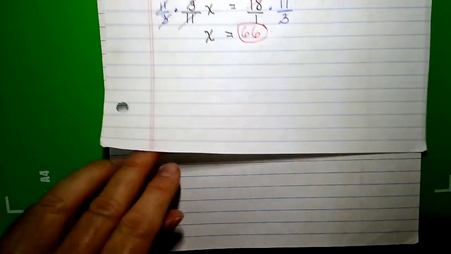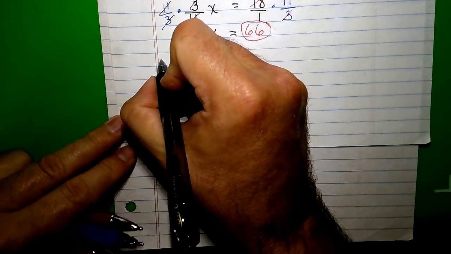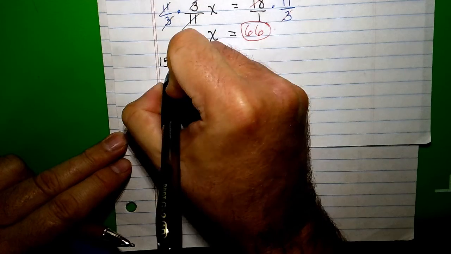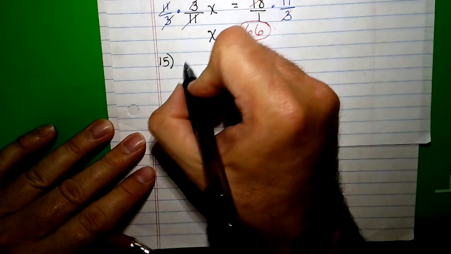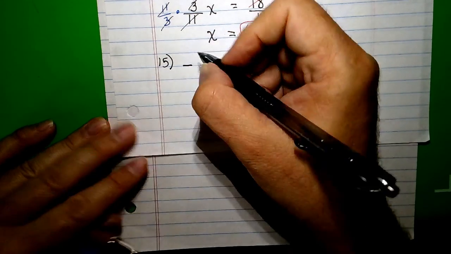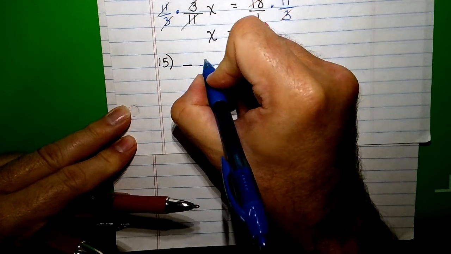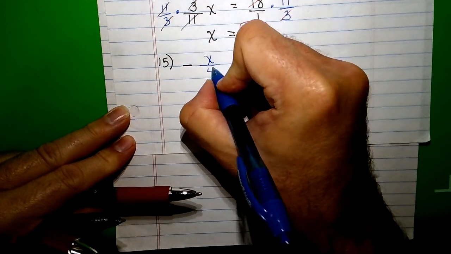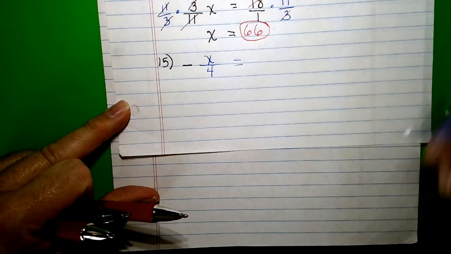Here's another one. Problem 15: negative x over 4 equals 9.